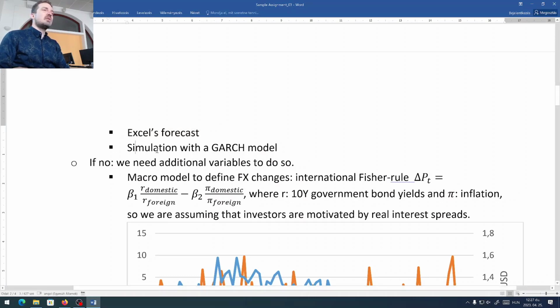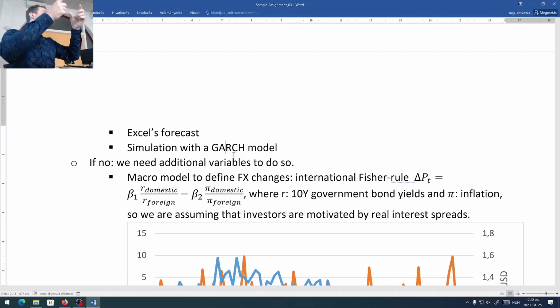So we have really simple assumptions, or we can have this simulation with a GARCH model, where we are just building up the standard deviation model, so how volatile the asset is, and after that we estimate the model and run 100 simulations with this estimation, and check what the expected outcome is, so the median of the outcomes, and also what the most extreme 5% in both directions are, and then we can see the best case scenario, worst case scenario, and the expected one.